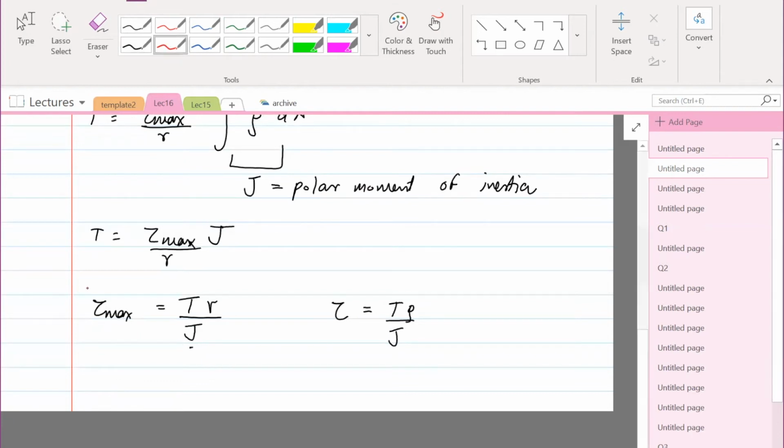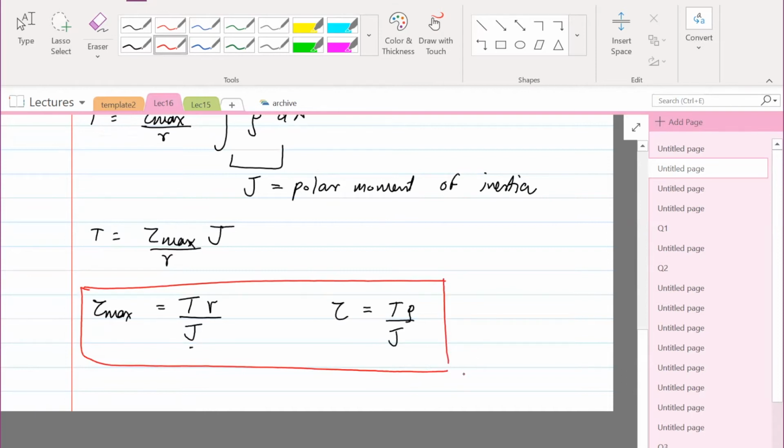So those are the equations which relate shear stress tau with torque T.